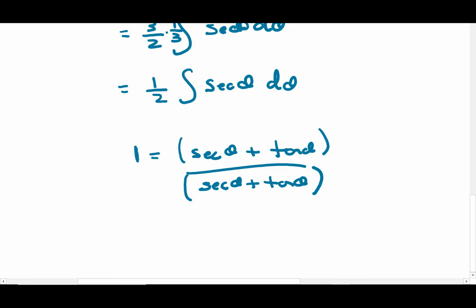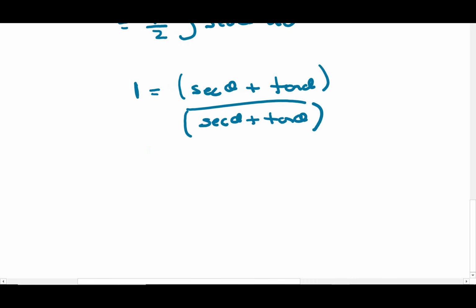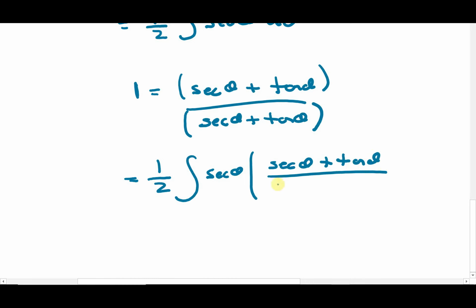So we can multiply this secant theta by 1 and it's still the same. So therefore, this equals 1/2 times the integral of secant theta times secant theta plus tan theta divided by secant theta plus tan theta d theta.